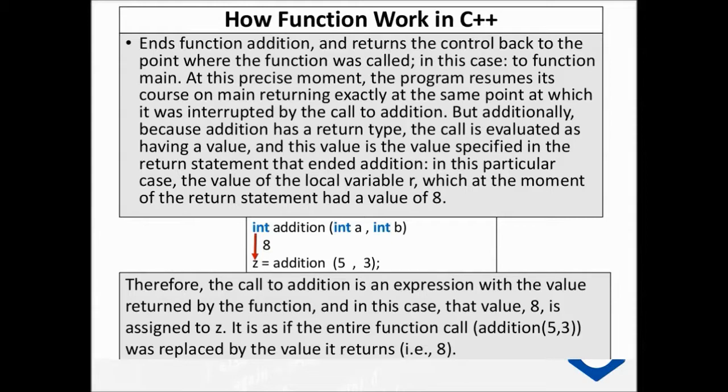Therefore, the call to addition is an expression with the value returned by the function, and in this case that value 8 is assigned to z. It is as if the entire function call addition(5, 3) was replaced by the value it returns, which is 8.